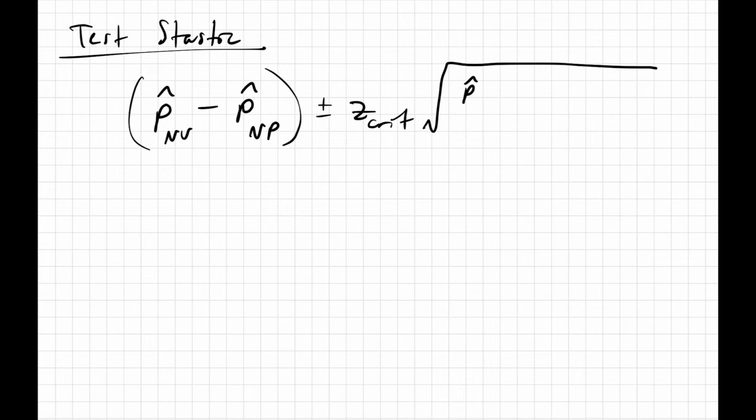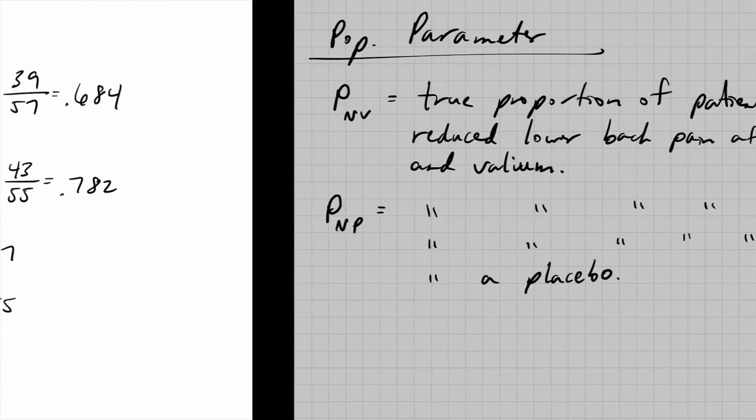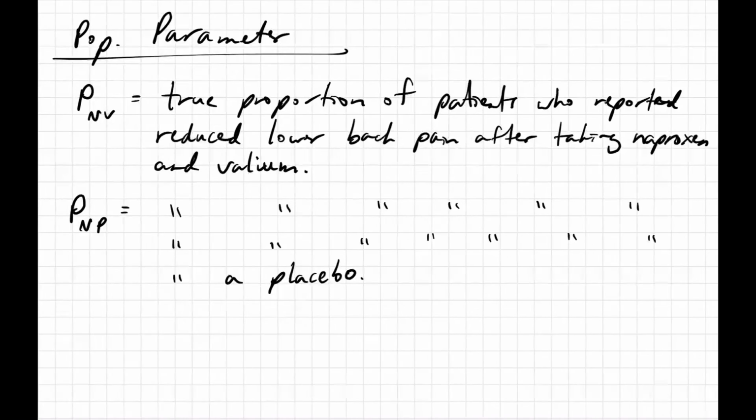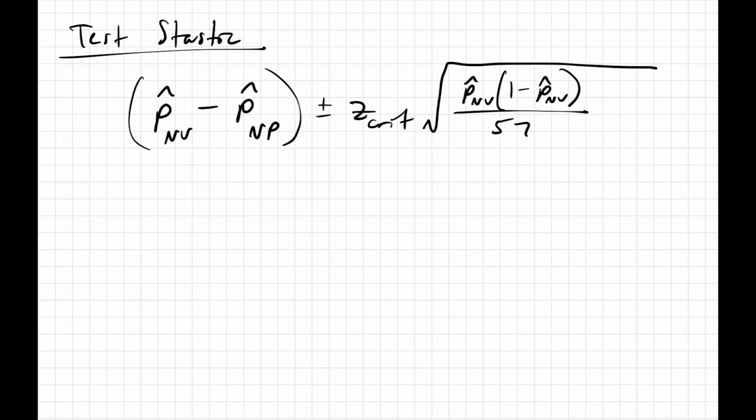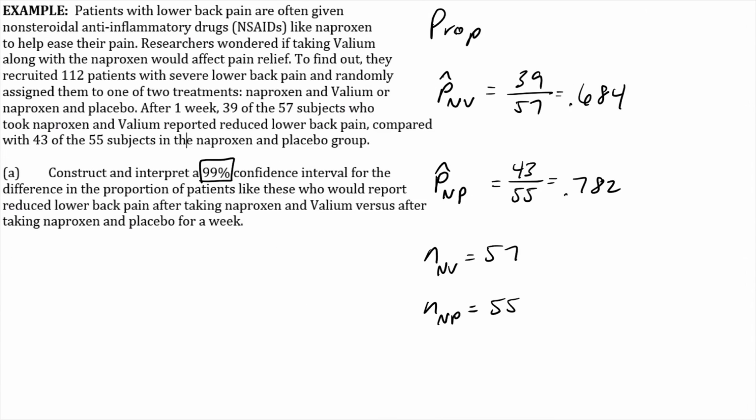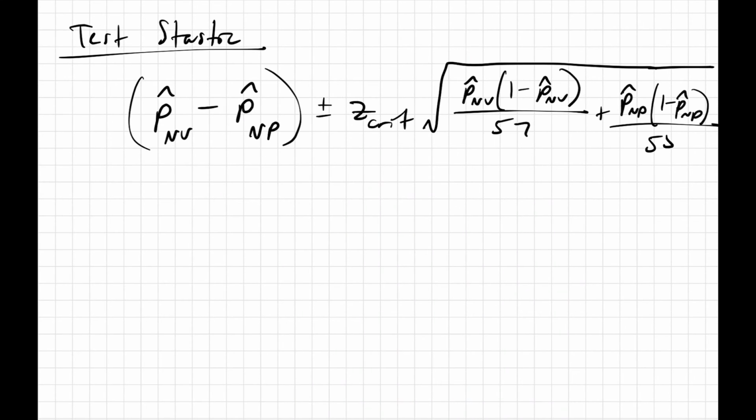So P hat NV, 1 minus P hat NV, over the number in the sample. The NV sample had 57, plus P hat NP, 1 minus P hat NP, over 55 in that sample? Yes, perfect.